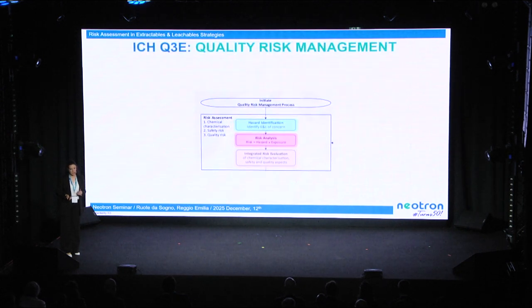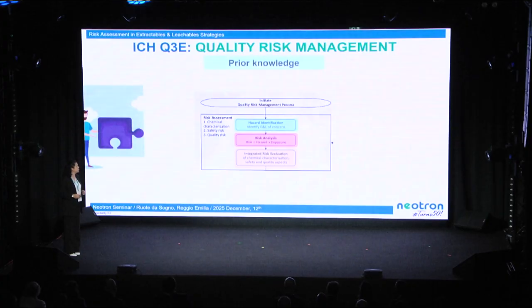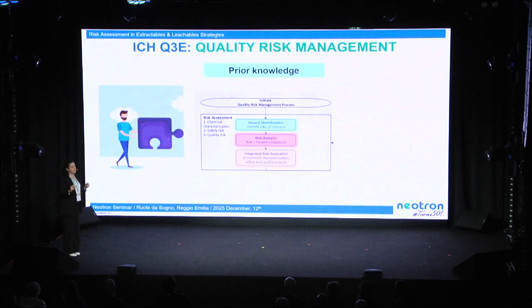And for these three main points, the risk assessment has two main tools that we have to use. The first tool is prior knowledge. It's quite fundamental to have prior knowledge of the manufacturing components, the process, and the drug formulation.